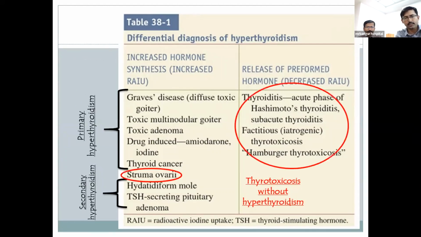And then there are some causes such as struma ovarii and the others, where in the other cases there will be a release of preformed hormone, and these are thyrotoxicosis without hyperthyroidism.